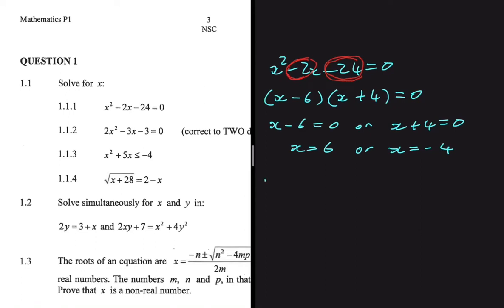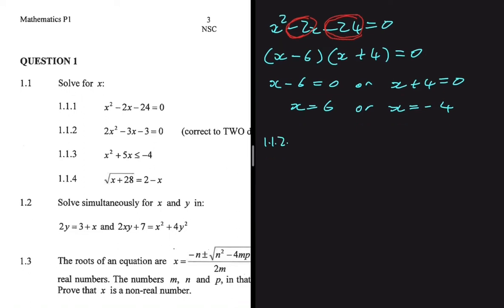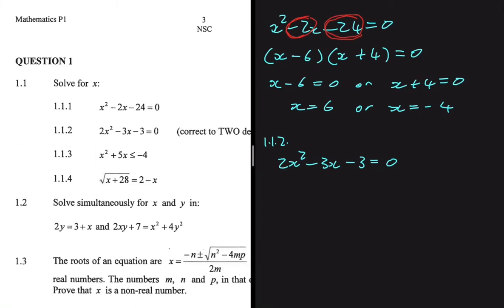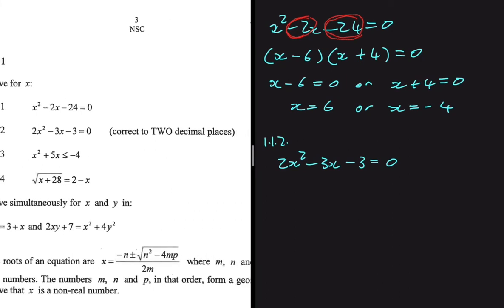And then let's do 1.1.2. So 1.1.2 is saying let's solve for x if 2x squared minus 3x minus 3 is equal to 0. And then in the bracket they tell us that we must round off to 2 decimal places, right?